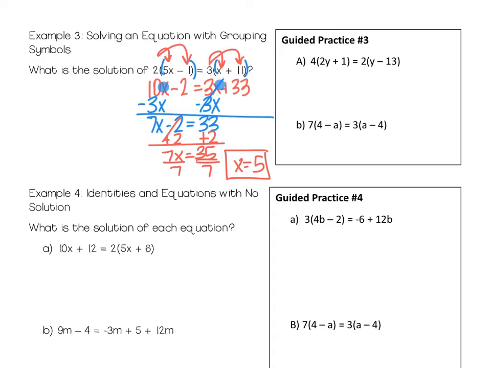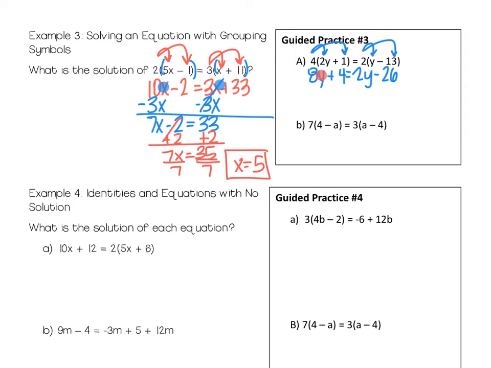Guided practice number 3, I'm going to do the first one with you. So I have grouping symbols. I have to get rid of them. If you can't add inside the parentheses, you're going to have to distribute. So I get 8y plus 4 equals, distribute on the other side, and you get 2y minus 26.